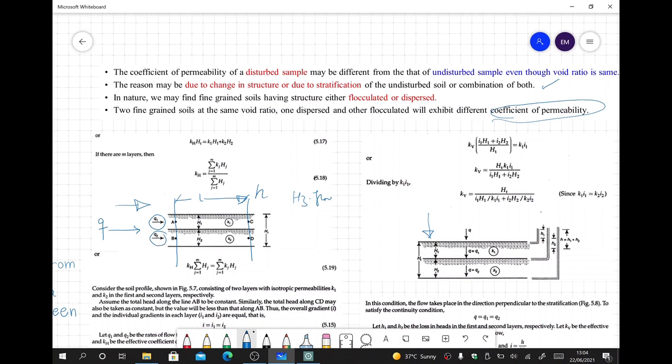The upper layer has a thickness H1 and the lower layer has a thickness H2. The upper layer has a permeability K1 and the lower layer has a permeability K2, and the total thickness of the strata is HT.